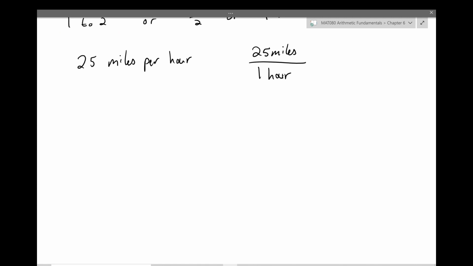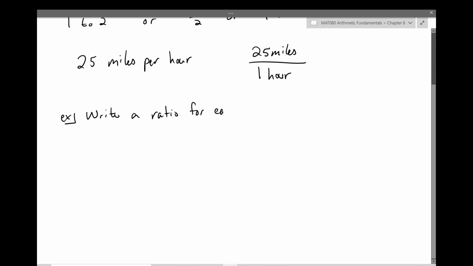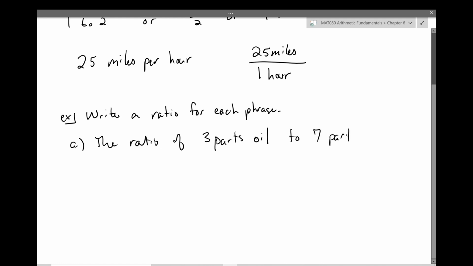So now let's look at some other examples. We'll do some actual word problems right here. Let's write a ratio for each phrase, okay? So the first one, the ratio of 3 parts oil to 7 parts gasoline.